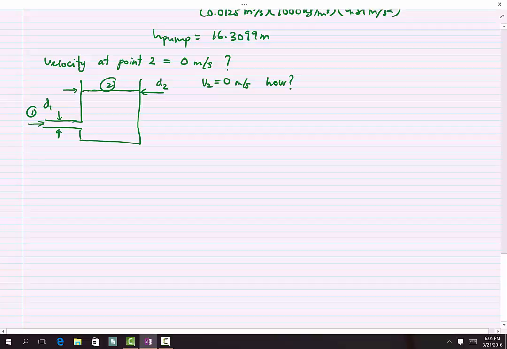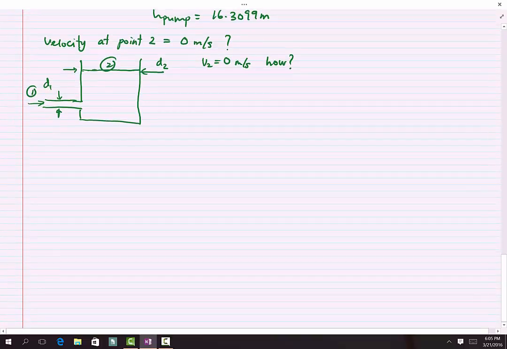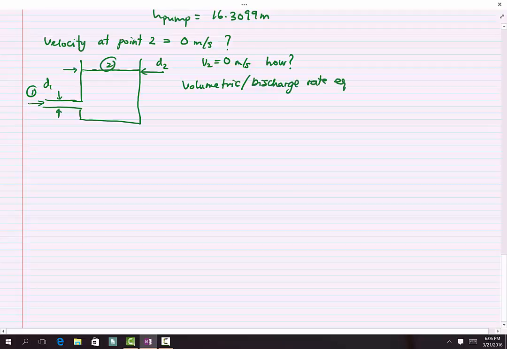Let's take a look at the volumetric or discharge rate equation. Q equal to UA, so U equal to Q over area.